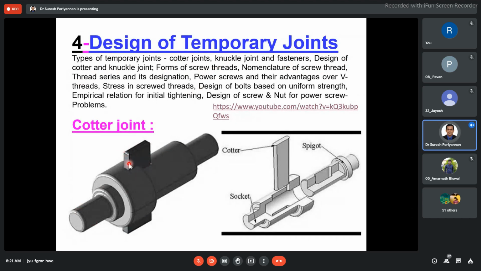We are trying to securely connect these two components, spigot and socket. For that we use the cotter, which passes through the appropriate slot provided in the spigot and socket. This is a temporary joint.